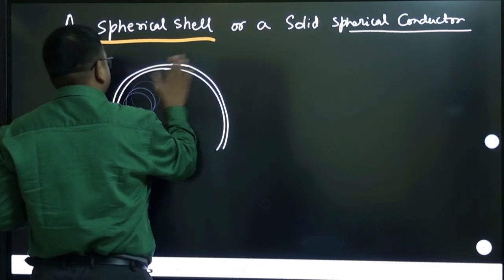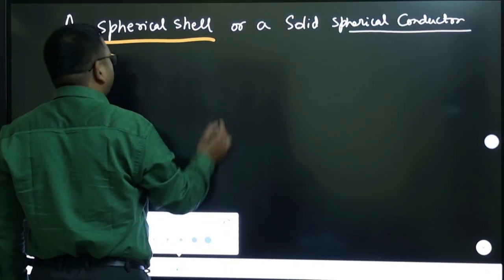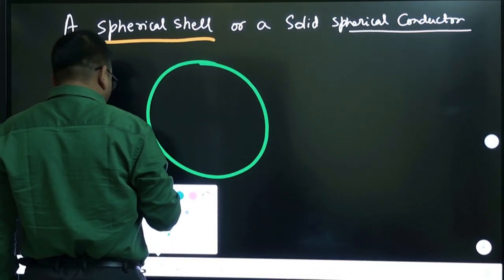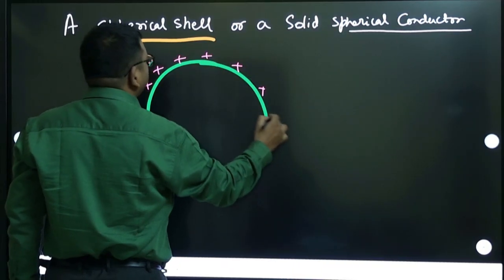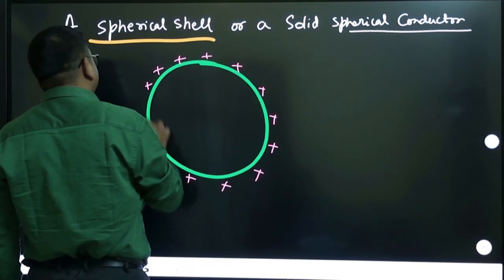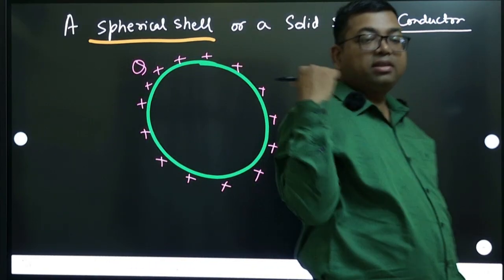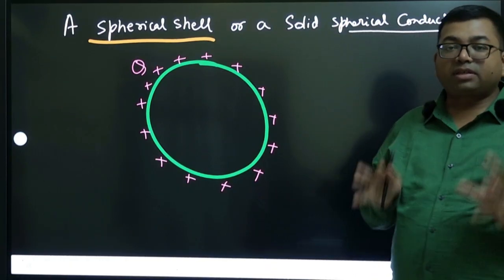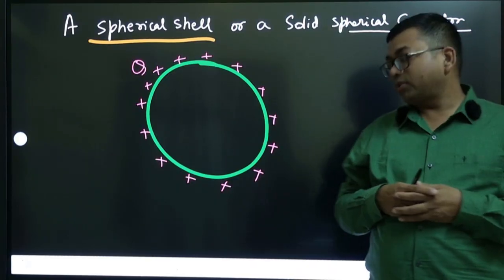Let us consider a very thin spherical cell, or you can assume that it is a solid. One thing is sure, that charges are only present on the surface of this conductor. Charges are present on the outer surface. If anything is inside, then the inner surface can also have charge. But right now there is nothing inside, so charges are only present on the outer surface.